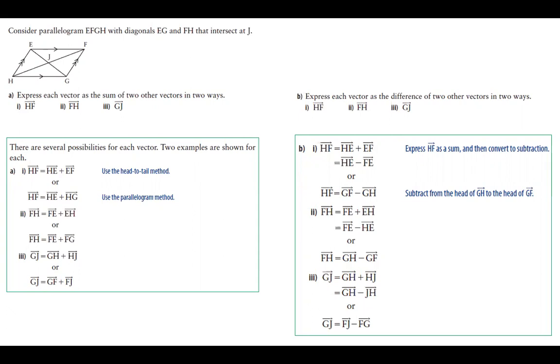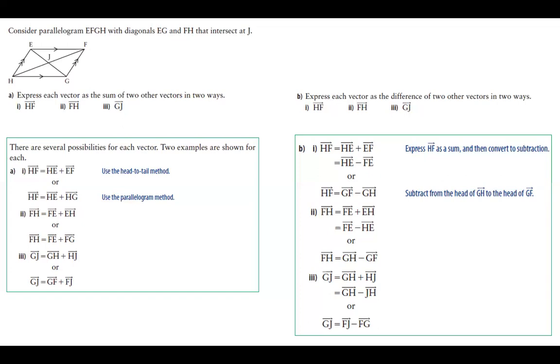Okay, third, vector GJ can be expressed as vector GH plus vector HJ, or vector GJ can be expressed as vector GF plus vector FJ. Any questions? Again, note that there are several possibilities for each vector. Okay, then consider question B.